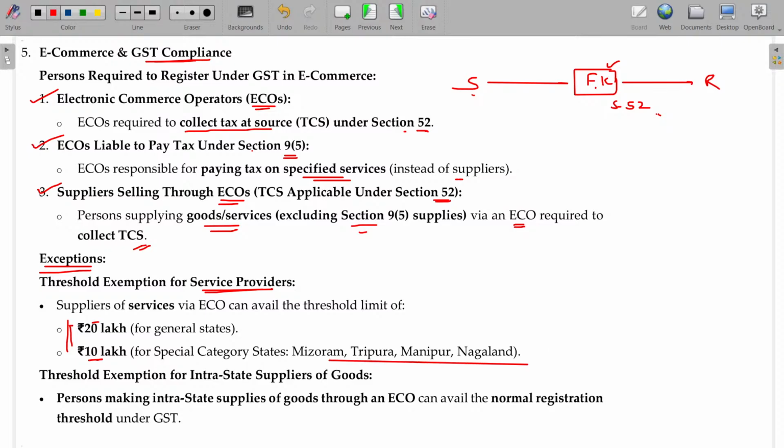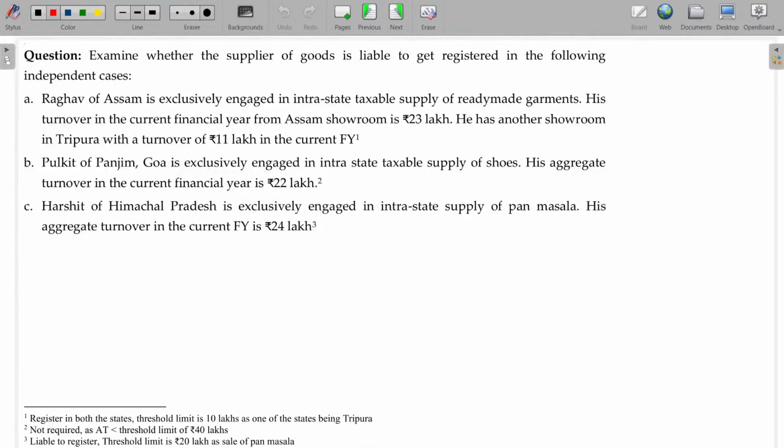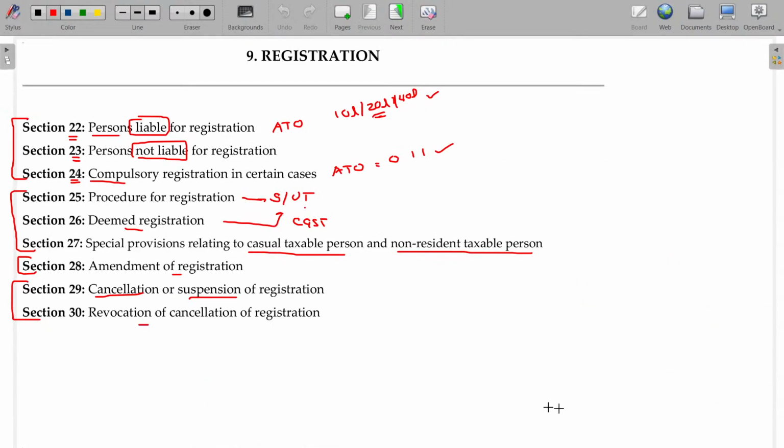And threshold exemption for intrastate supplies of goods: a person making intrastate supplies of goods through ECO can avail the normal registration threshold under GST. In case of supply of services, 20 and 10. In case of goods, the normal registration threshold limit will be applicable. 10, 20 and 40 will be applicable. Is that clear? So with that, we have completed sections 22 and 24.